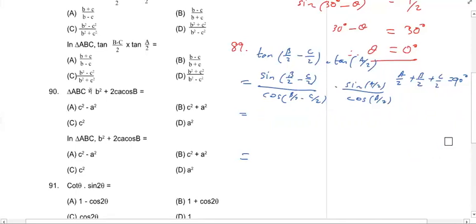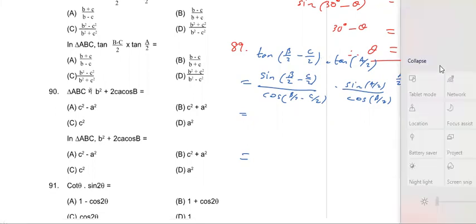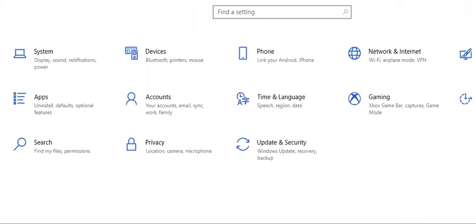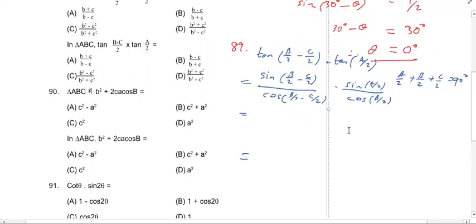Right. So let's see. So guys, what we have here is, let's focus on these portions here.